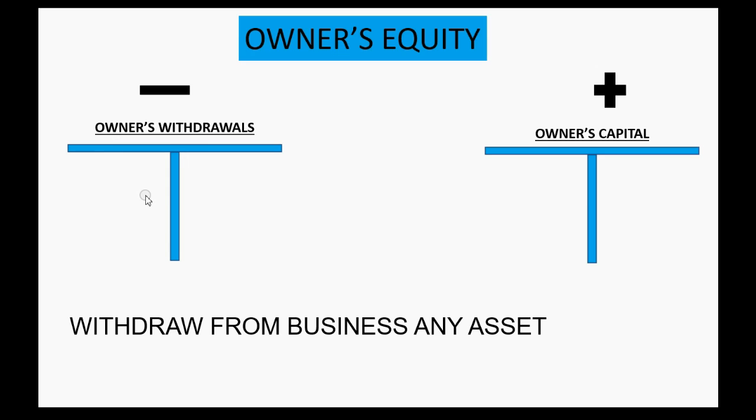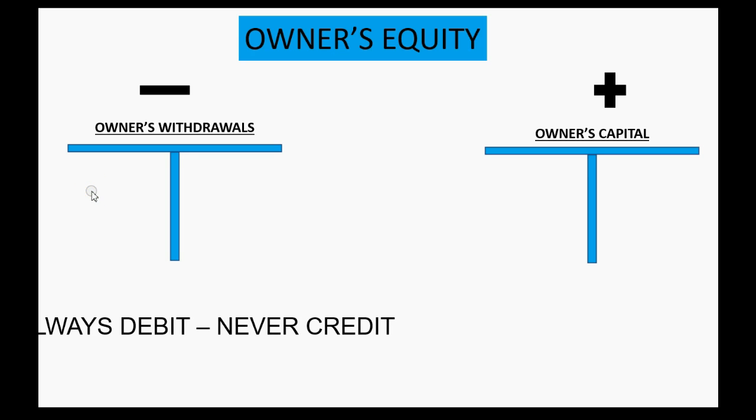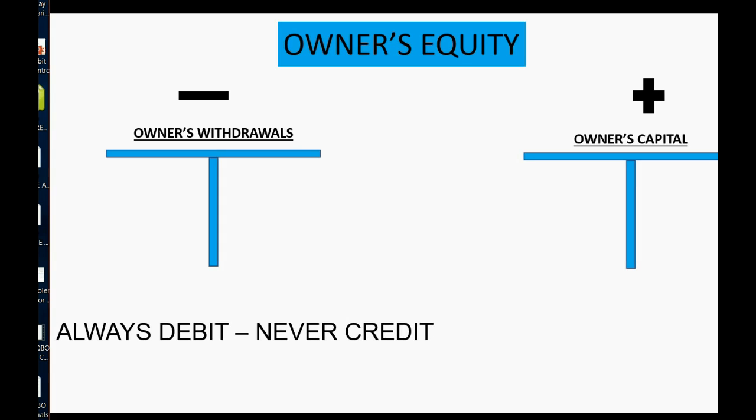And every time the owner withdraws any asset from the business, the owner has less owner's equity. So withdrawals is always minus to owner's equity, and therefore you have to make a debit every time the owner withdraws money or assets from the business. In fact, you could even say that withdrawals is always debit, never credit.